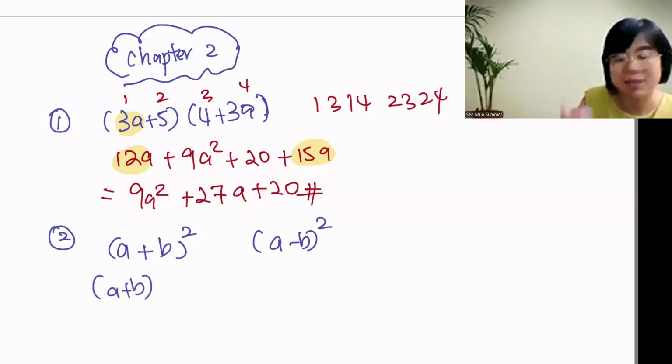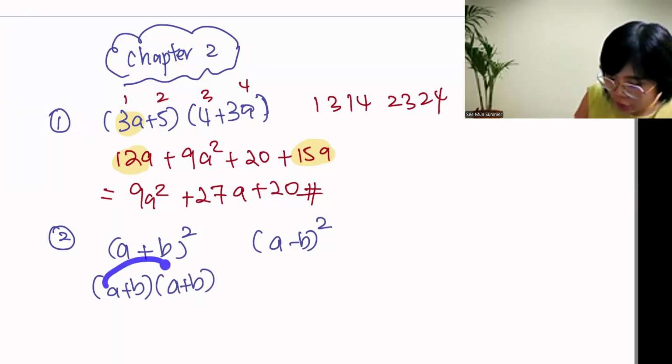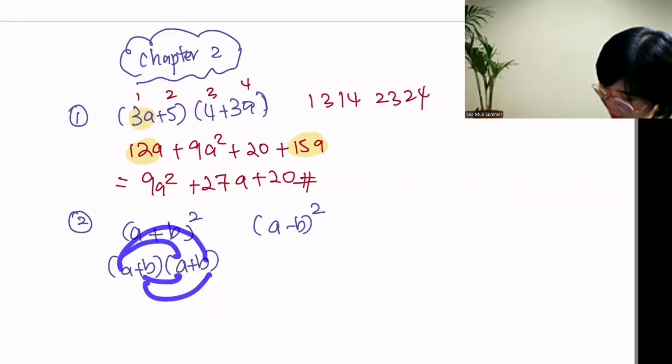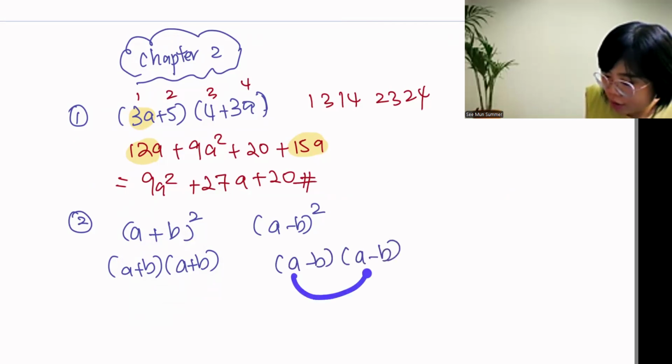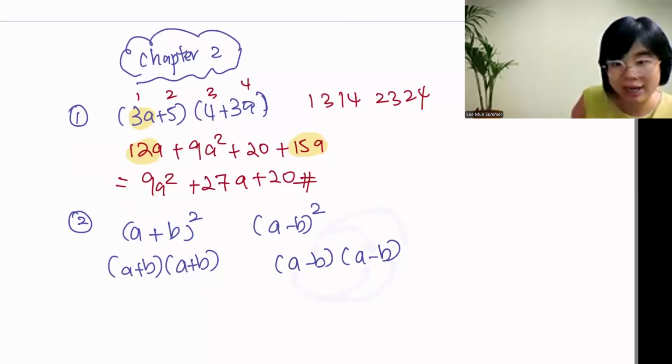Square meaning times the same thing. So a plus b, and then you expand as usual. 1 with 3, 1 with 4, 2 with 3, 2 with 4. Same goes to this, you also copy 2 times. As usual, 1 with 3, 1 with 4, 2 with 3, 2 with 4. So far, so good. This is the second.